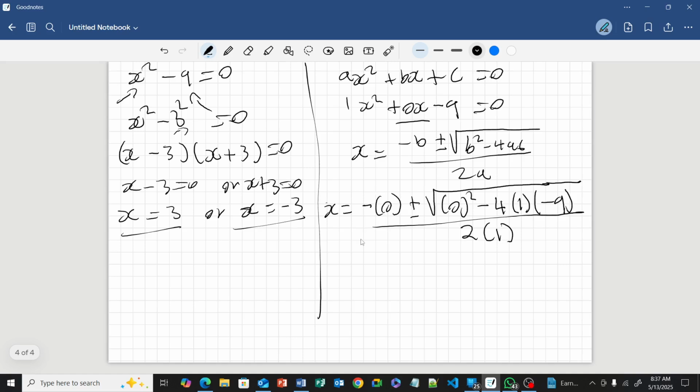So this will simplify to only plus or minus the root of 4 times 9, divided by 2. Then if you simplify this, you will indeed get 3 or minus 3.